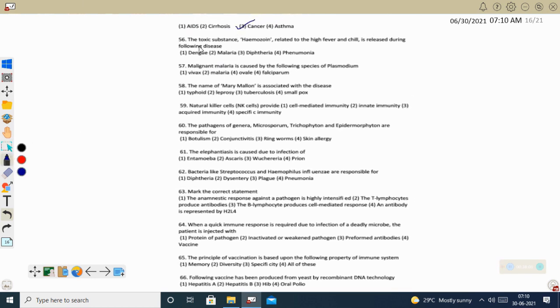Okay. Next one. The toxic substance hemozoin related to high fever and chill is released during the following disease. Hemozoin is released during the infection of malaria. Hemozoin is a toxic substance which is produced from the broken RBCs. Okay, next question. Malignant malaria is caused by the following species of Plasmodium.